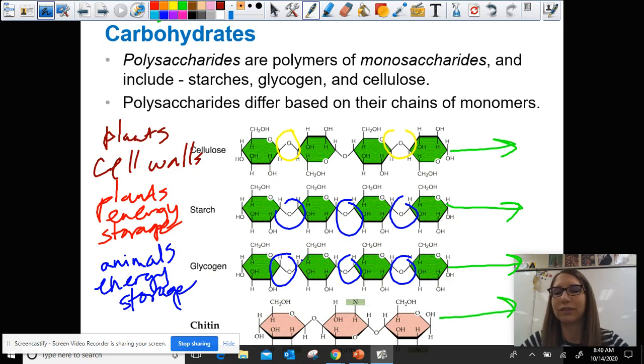And if you've ever heard of products like Fiber One or Metamucil, there's a ton of them out there, I think. Older people tend to have issues sometimes with digestion. Fiber, or cellulose, as we know it in the biochemistry world, is not something that we have the ability to break down, and it's because of these unique bonds right here. We don't have the enzymes that we need to be able to actually break those bonds.